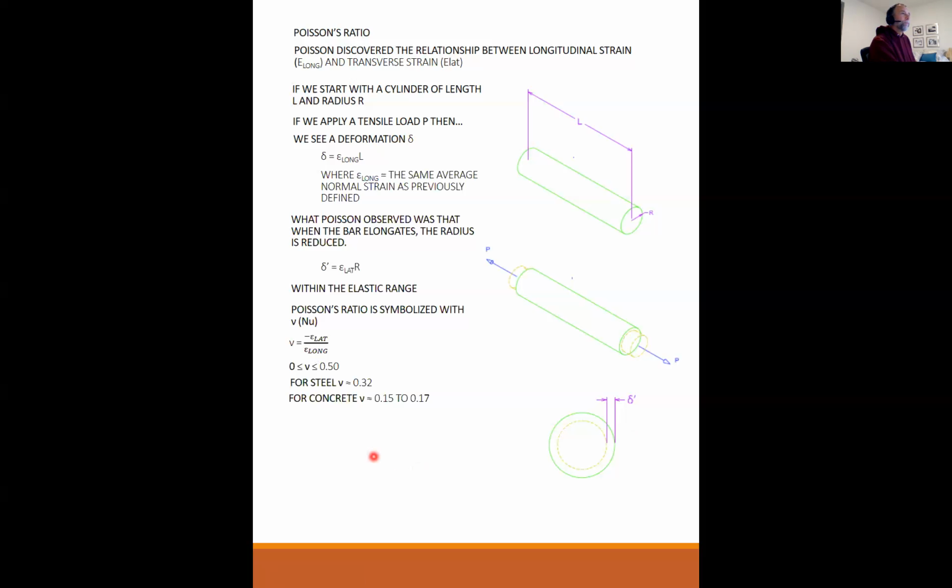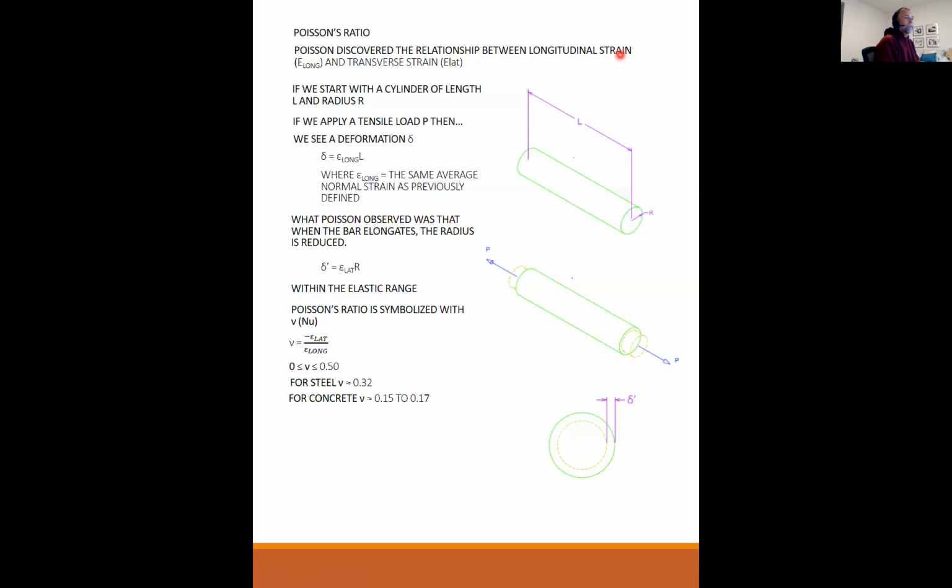Excuse me, Professor, what is the epsilon lat? Lateral strain. That epsilon lat is this guy right here. It's not supposed to say elate, I apologize. That is epsilon lat, so epsilon lat is your transverse strain, and epsilon long is your longitudinal strain.